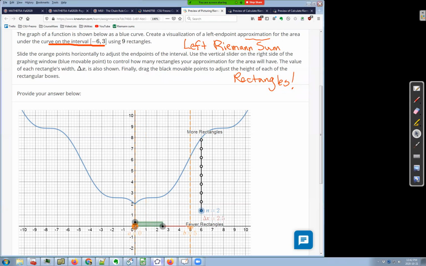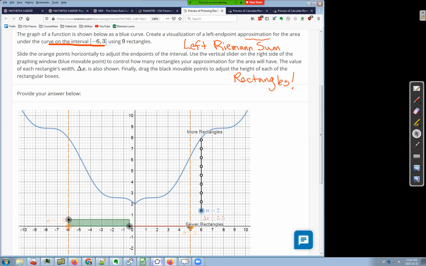So the idea is, it says it wants the interval to be from -6 to 3. So I'm going to drag this little yellow point all the way out to -6.